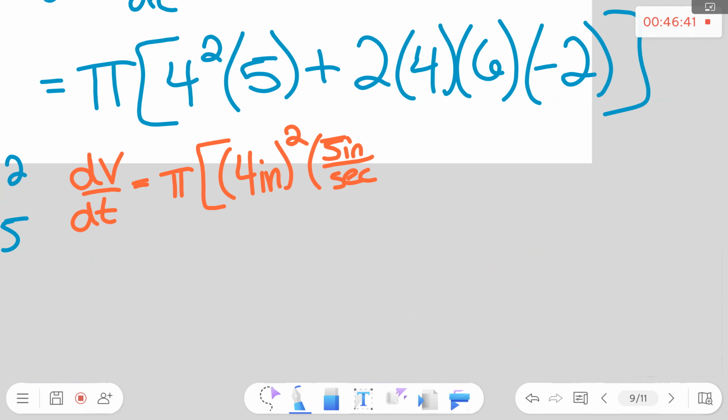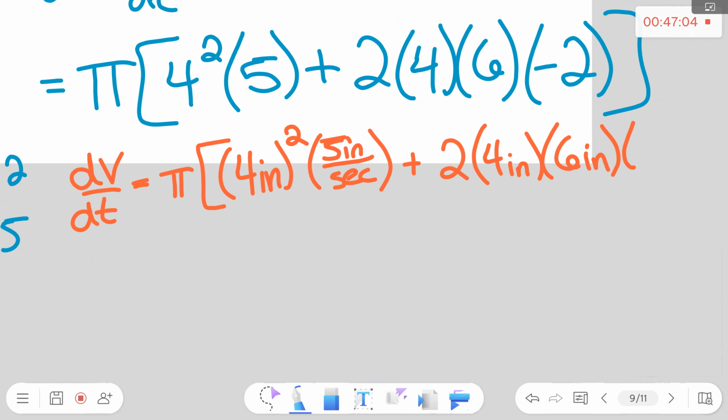Plus 2, times 4, which is 4 inches, times 6, which is 6 inches, times the negative 2 inches per second.